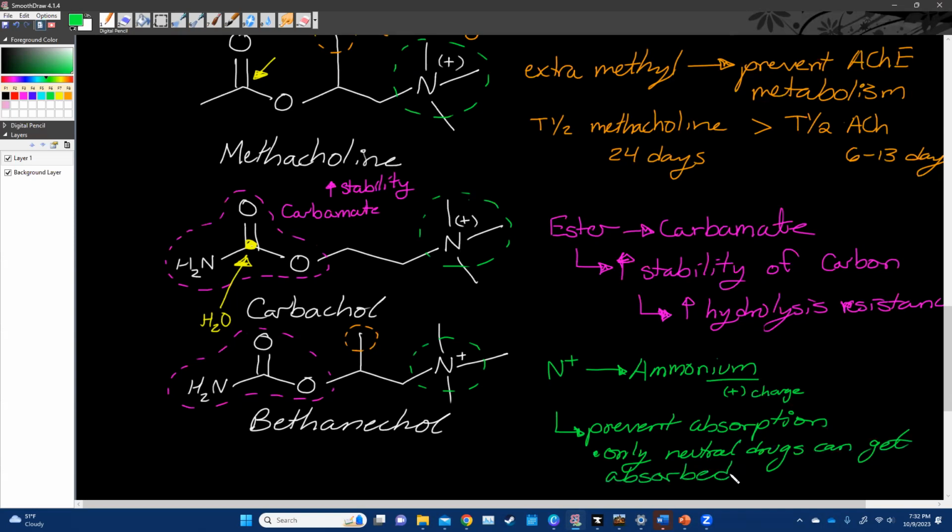So if you are giving methacholine, carbachol, bethanechol, are they going to get absorbed through the membrane? Not at all, right? They're all constantly charged, N plus.